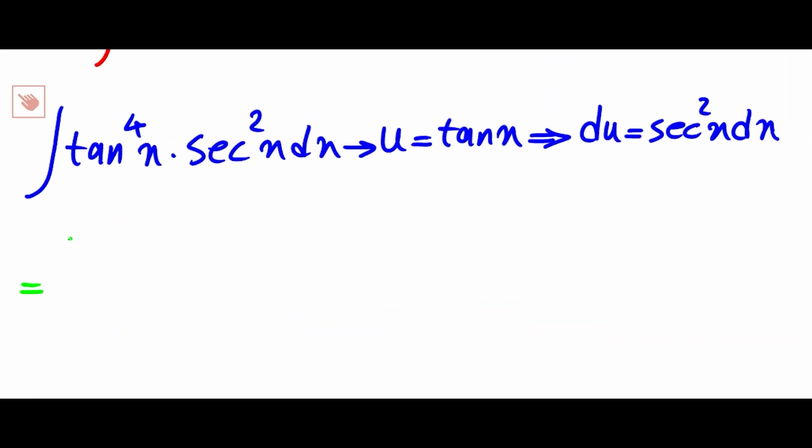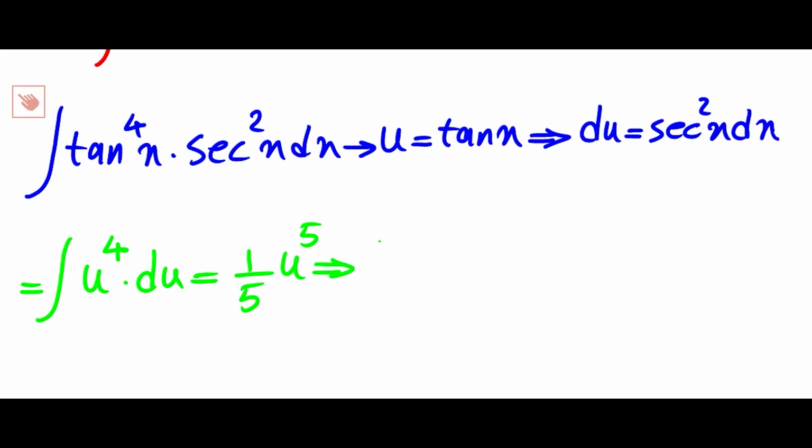So tangent of x equals u, so tangent to the fourth x equals u to the fourth, and secant squared x dx equals du. If we use the power rule, we have 1 over 5 u to the fifth, and u equals tangent x. So the integral equals 1 over 5 tangent to the fifth x plus c.